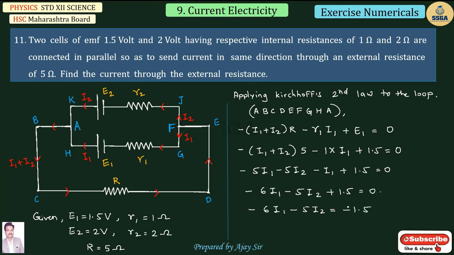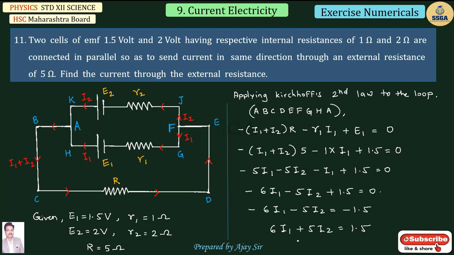So then multiplying both the sides by minus 1, this becomes 6 I1 plus 5 I2, which is equal to 1.5. We can multiply it by 2, so then it becomes 3, or we can keep as it is for simplification.